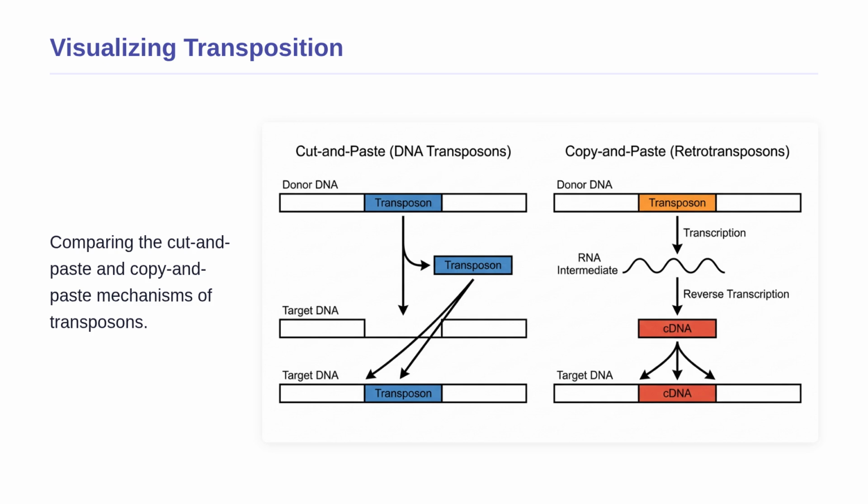Now look at the right side, showing the copy and paste mechanism used by retrotransposons. The original orange transposon stays exactly where it is. Instead, it creates an RNA intermediate, which is then converted back into DNA and inserted into the target site. This fundamental difference explains why retrotransposons can rapidly expand genome size.